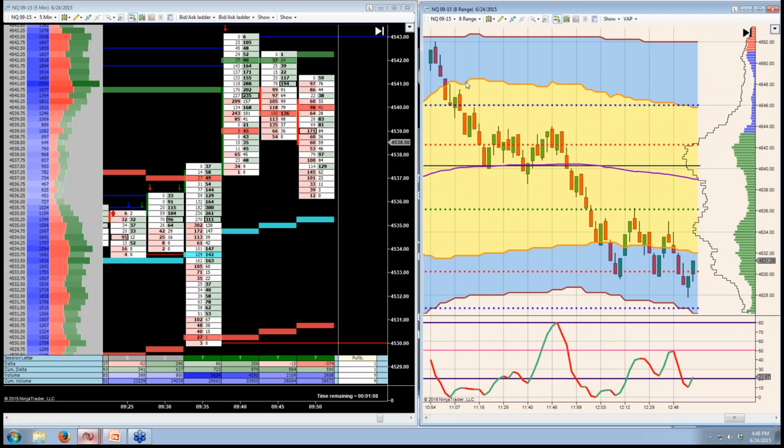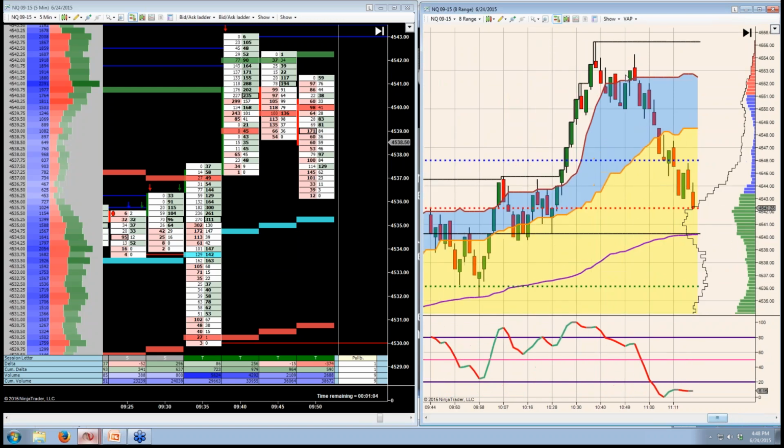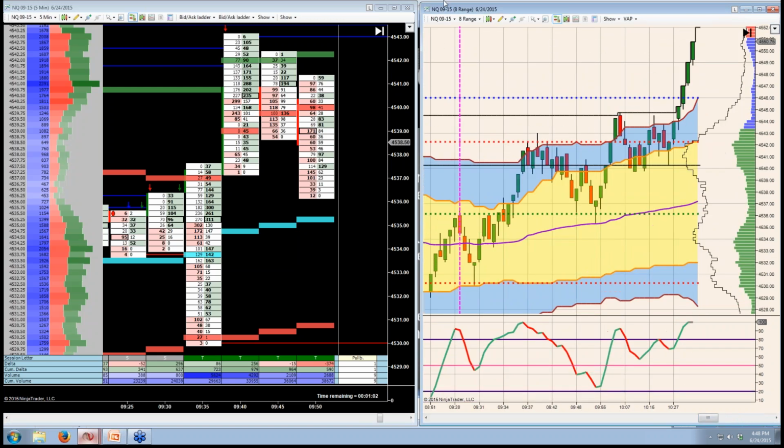So when we're looking at price breaking those levels that I mentioned to you, here's the open right here. So we're breaking this area here. What we're looking for at that time is a positive delta. I know that sounds so simplistic, but that's what we're looking for. I want to see more buyers than sellers.